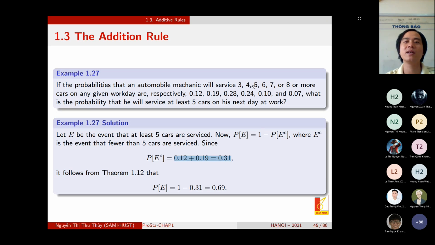But sometimes if we need to count a lot more cases, then we can count the complement event that has fewer cases than the original event. Here it's very convenient to count both cases. It doesn't matter here.